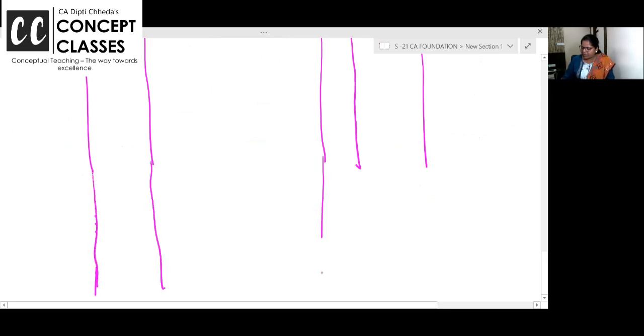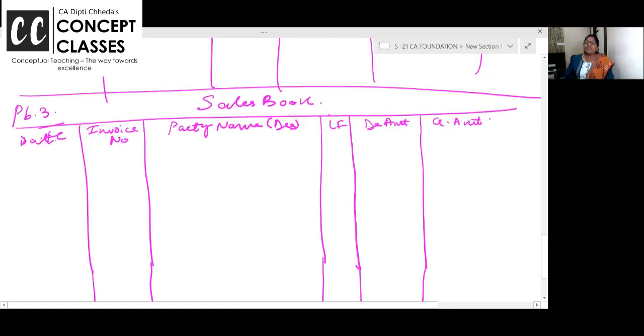Make it almost a full page. There are 4-5 entries. I'll make an extra column for freight and GST and all if it is there, but this time it is not there. Chalo, let's start. 4th of January. Bill number is 101. We have sold the goods.